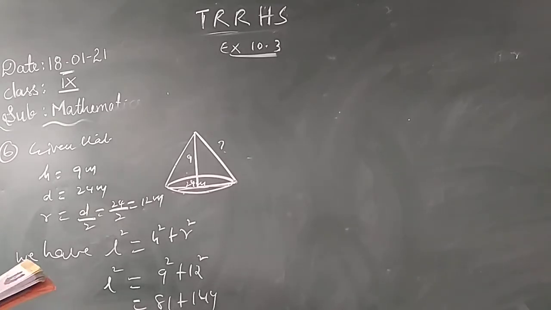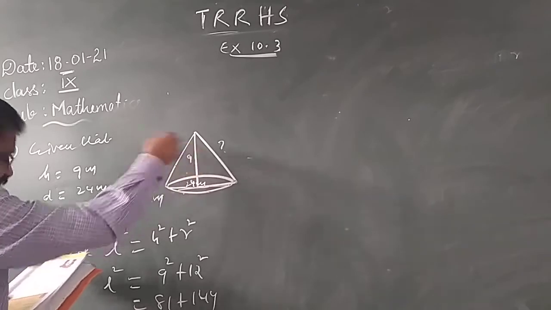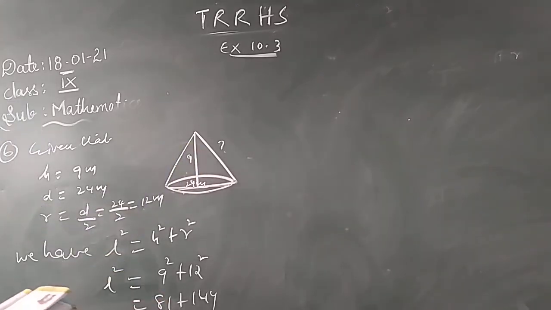The slant height is 15 meters. Find the cost of the canvas cloth required, if the cost is 14 rupees per square meter. So here, the cost of canvas cloth required. Find the canvas cloth required.